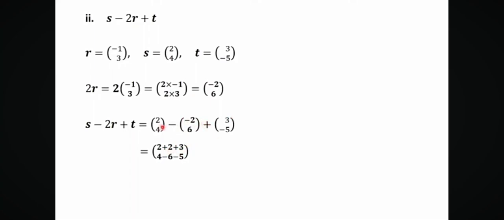Then when you come to the y component, you have 4 minus 6 plus -5. So that will give us 4 minus 6 minus 5. For the x component, 2 plus 2 plus 3 will give us 7. 4 minus 6 minus 5 will give us -7. So the new s minus 2r plus t will give us 7, -7.